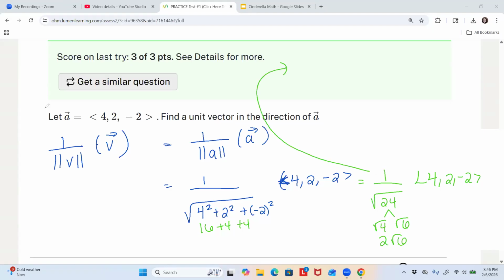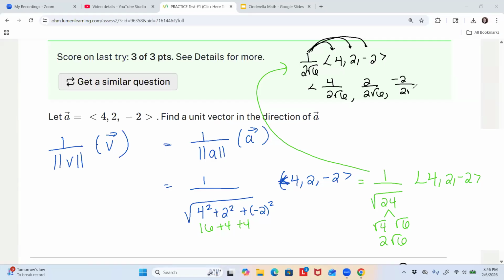I'm going to come up here. Let me change colors just for room here. That's going to be 1 over 2 root 6 after simplifying the radical and still times the original vector. Distribute through. We're allowed to do that with the scalar multiple. So that'll be 4 over 2 root 6, 2 over 2 root 6, and negative 2 over 2 root 6.